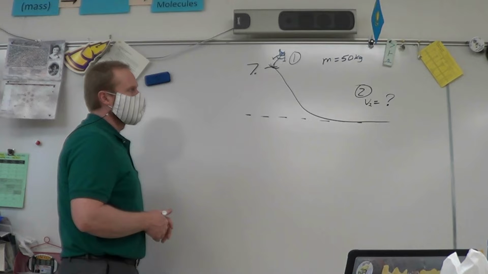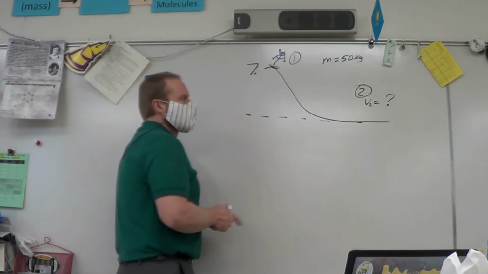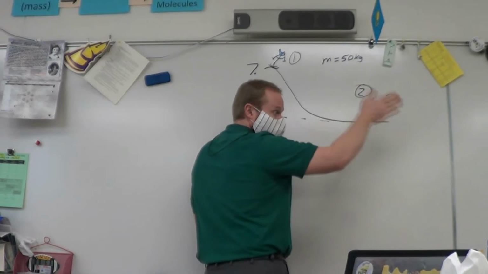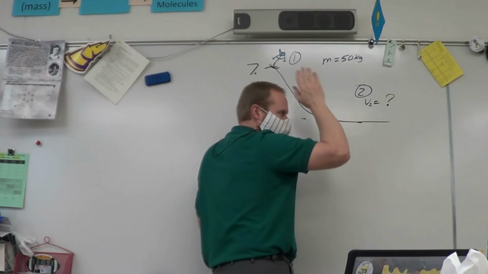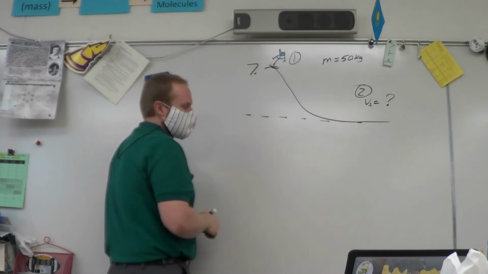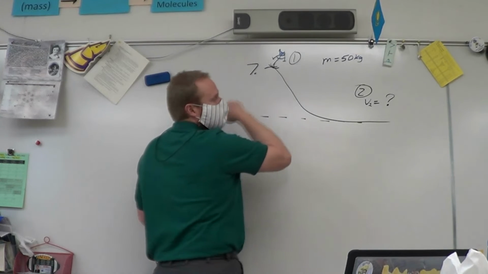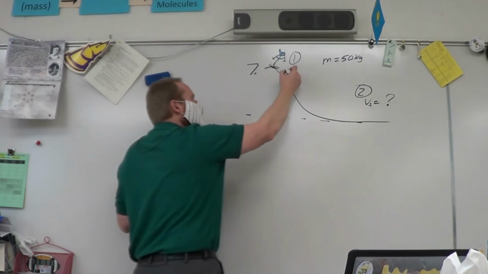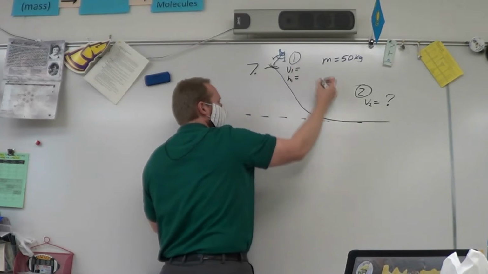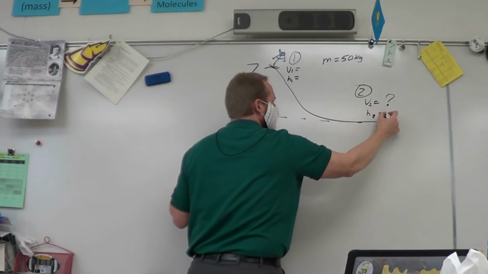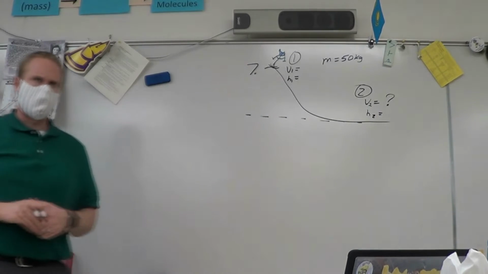So we start with 50 kilograms. In terms of things we're looking for: work done by friction, heights, velocities at the 2 locations, and spring stuff. I like to write my V1s, H1s, V2, H2s at my 2 locations.